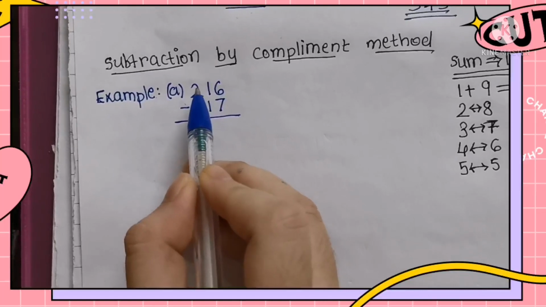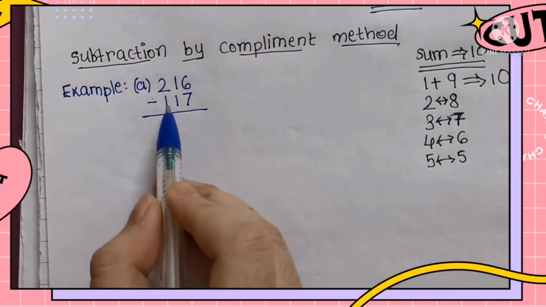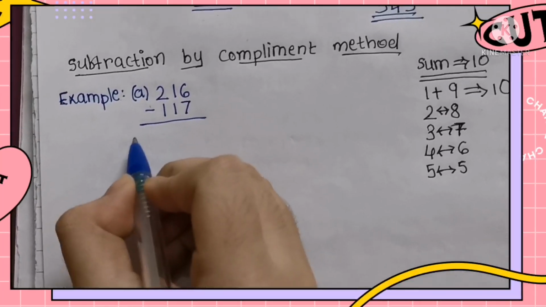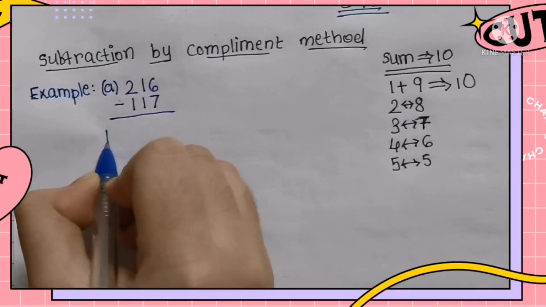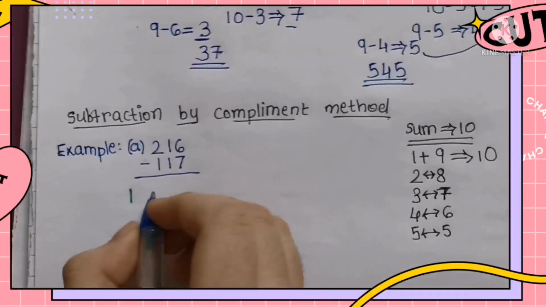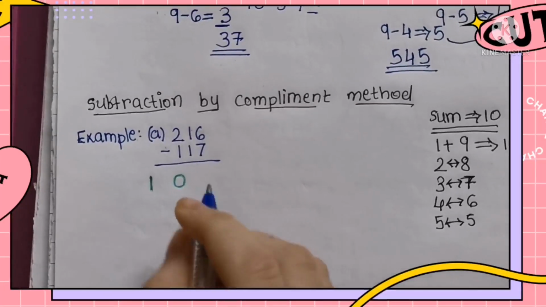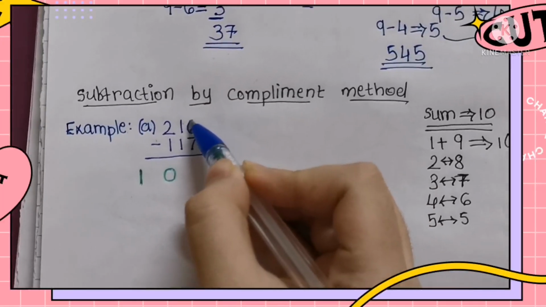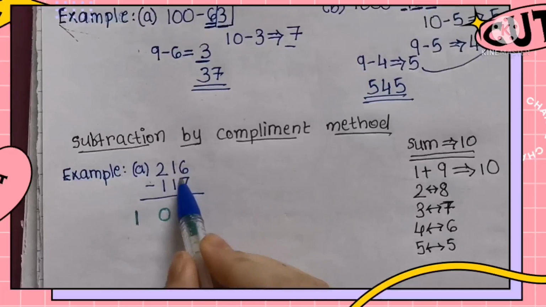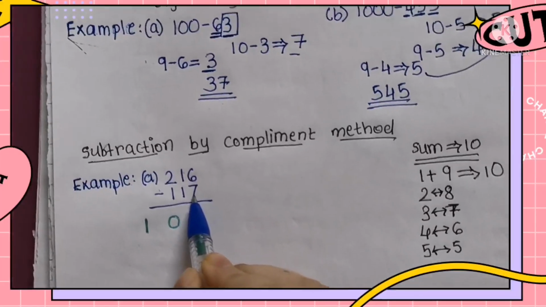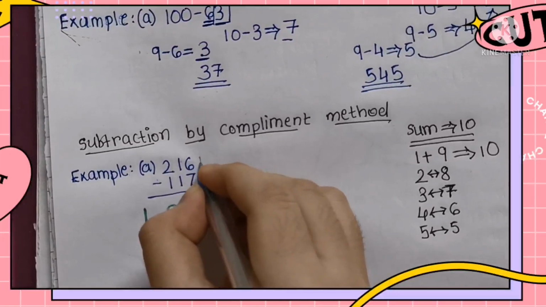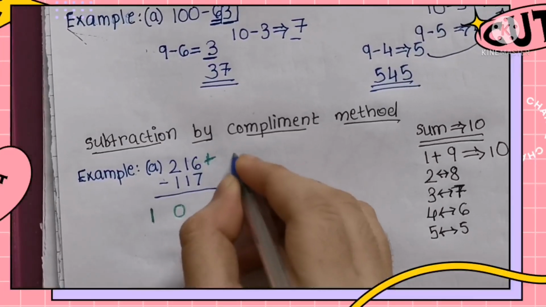In the first step, we subtract 1 from 2, which gives us 1. Next, we subtract 1 minus 1, and we get 0. Now, 6 minus 7 is not possible. So we will add the complement of 7 to this.